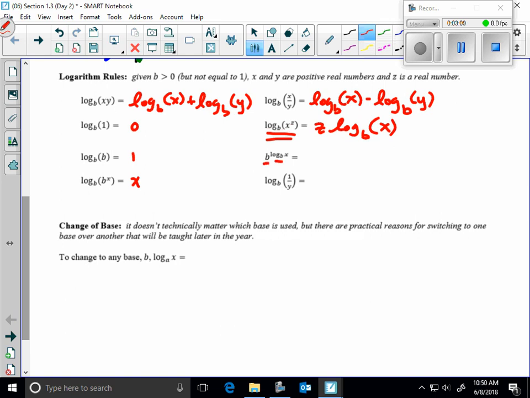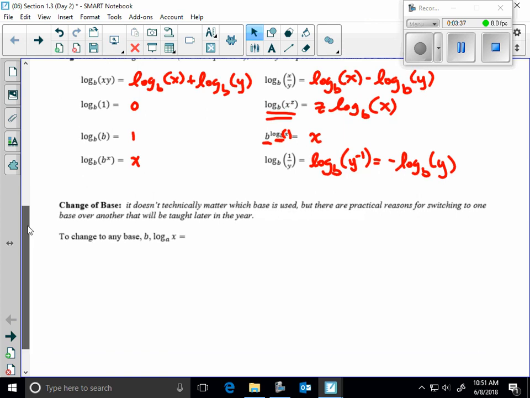As long as b, the base of this exponential function, and the base of that logarithmic function are the same, this will reduce to whatever the argument is on the inside. And then log base b of 1 over y would be the same as log base b of y to the negative 1, which would be the same as negative 1 times log base b of y. A couple of shortcut properties that'll come in handy later.